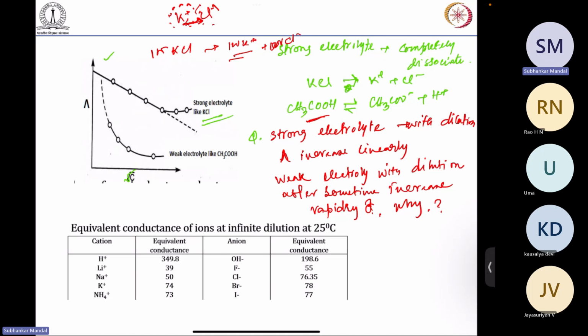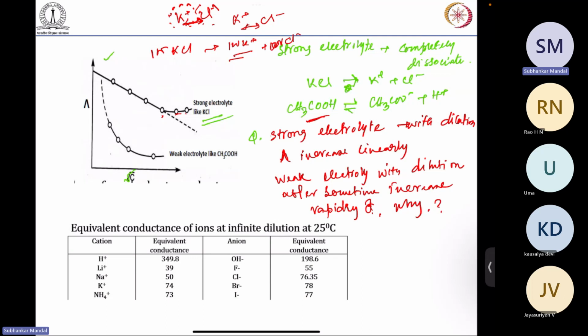Due to that, the movement of K plus and Cl minus is low, so initially the conductivity is low. When you increase the dilution, the distance between K plus and Cl minus increases, so the electrostatic interaction between the positive and negative ions decreases and they can move fast. So it is increasing linearly.